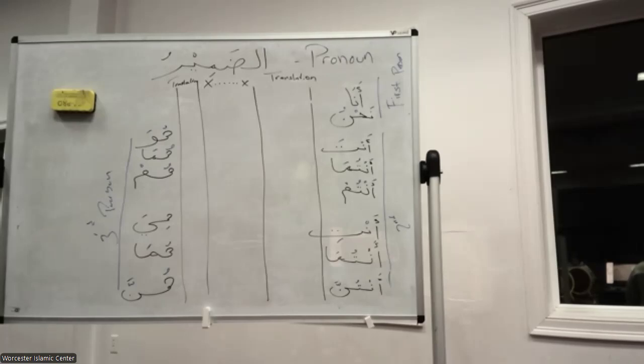I'm going to read through the lesson myself, and what you're going to pick up on is the difference between sentences, subjects and objects when they are masculine versus when they are feminine. We already discussed that if you want to make a word feminine, you add the ta marbuta at the end.